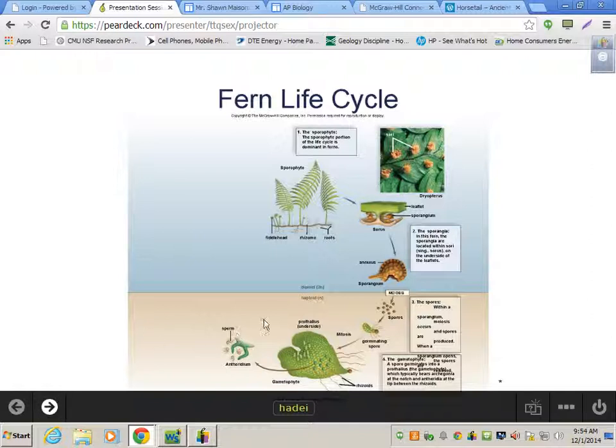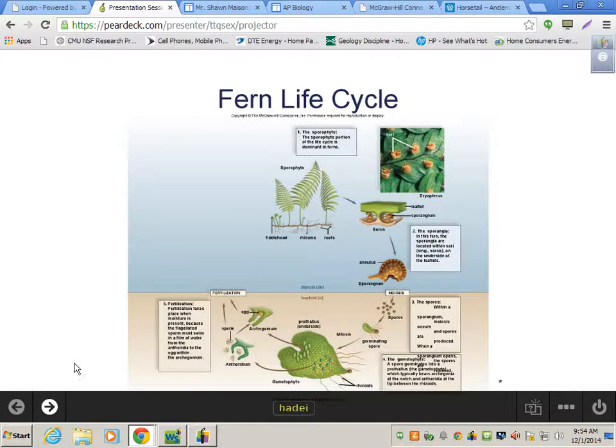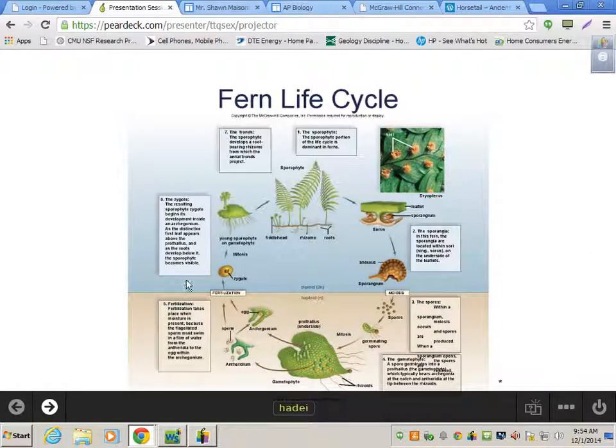And once that sperm finds an egg in the archegonium of another structure, it's going to then be 2N through fertilization. And then it will return into that diploid structure and grow into a larger structure through mitosis and start to create the fiddlehead and so on, and eventually the sporophytic fern.